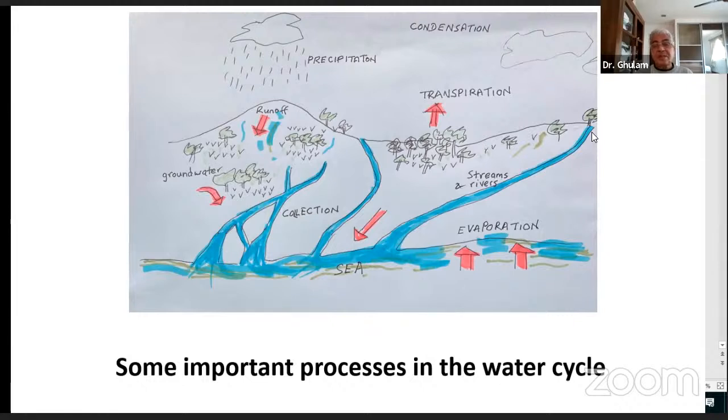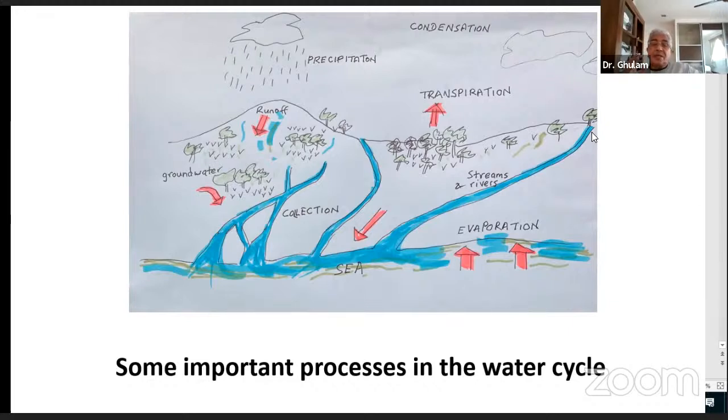The water cycle is quite a complete cycle, because sometimes it exists as a liquid, and then when the temperature changes, it evaporates and becomes a gas, that is water vapor, and rises up to the atmosphere. And also the plants will transpire.